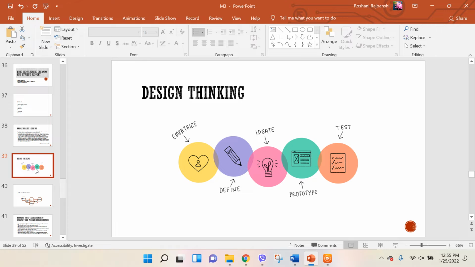After prototyping, they test the prototype to see if the problem has been solved by the design that they have made.